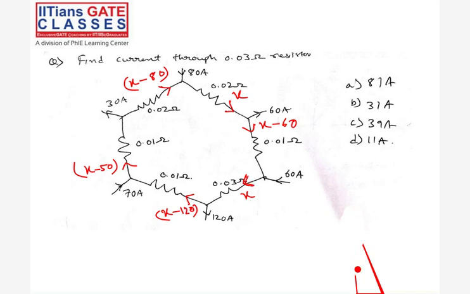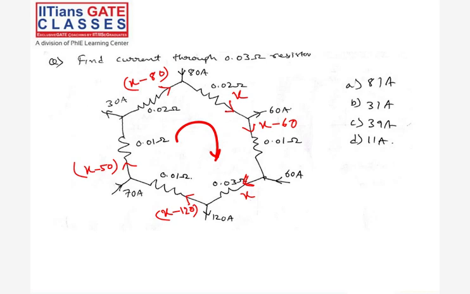So if I take the loop here, starting from this point, tell me the voltage drops if I'm going clockwise.